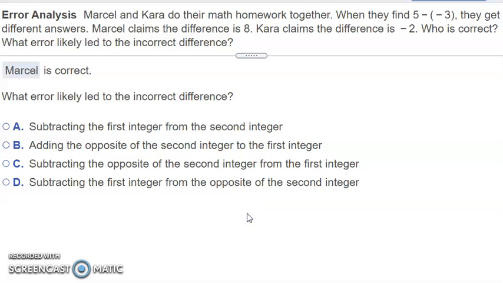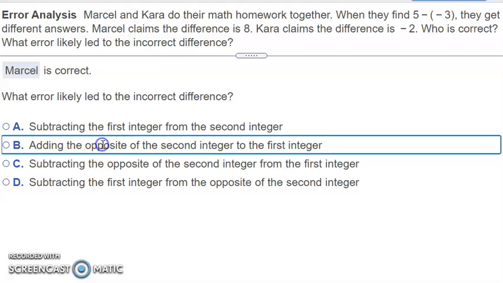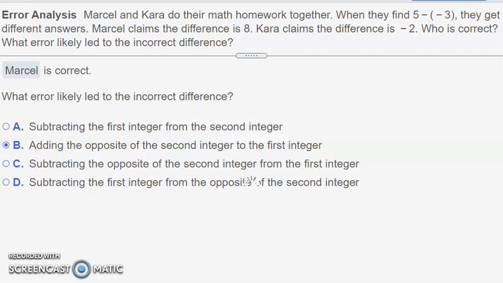And what do we think Kara did? I think Kara didn't change it. So she subtracted the first integer from, no, she did not subtract the first integer from the second integer. Was it B, add the opposite of the second integer to the first integer? Nope.